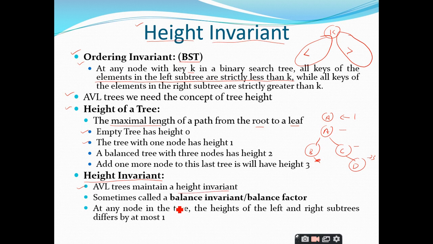A height invariant is sometimes called the balance invariant or the balance factor. The term balance factor is most frequently used in all discussions. Nobody makes use of the term height invariant or balance invariant. We are very familiar with the term balance factor.